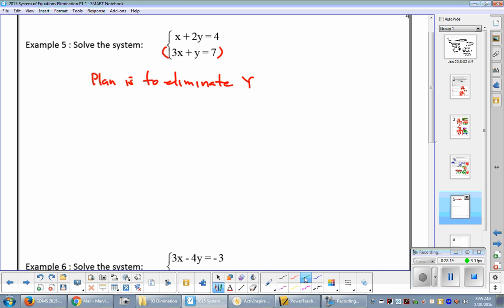Okay, we have to multiply by 2. So when we are going to multiply the second equation by 2, we'll get 6x plus 2y. Remember to distribute the 2 and equals 14. And I'll just copy my first equation, which is x plus 2y equals 4.